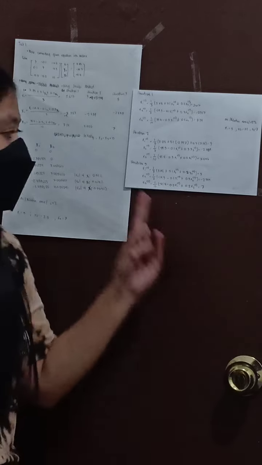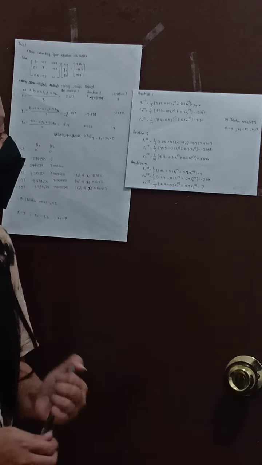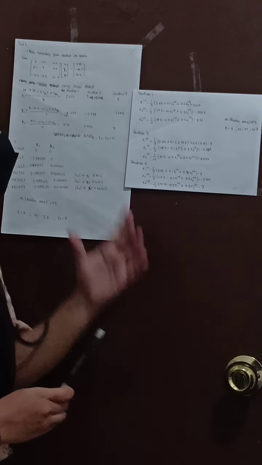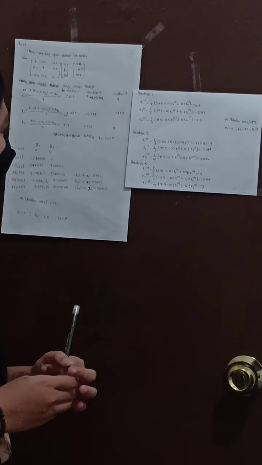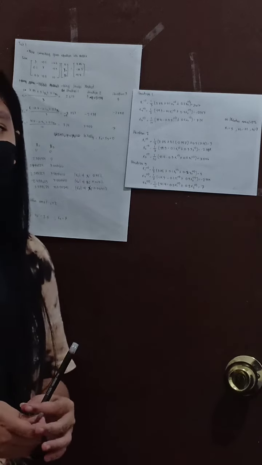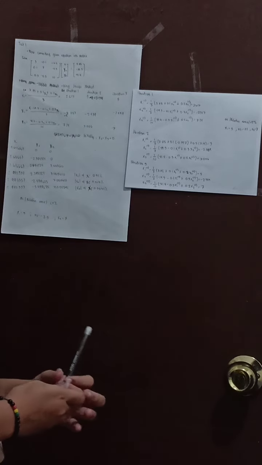7.006. So in iteration 3, x1 to the power of 3 equals 1 over 3 times 7.85 plus 0.1 times x2 to the power of 2 plus 0.2 x3 to the power of 2, which equals 3.